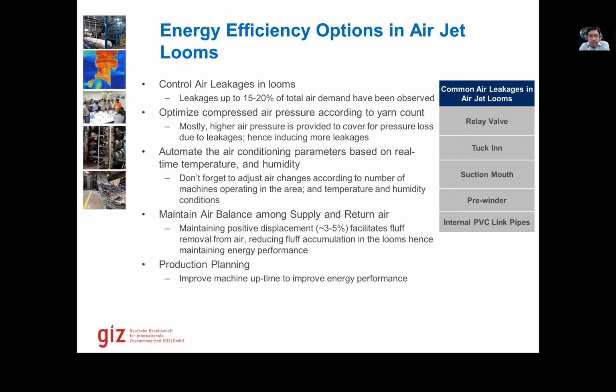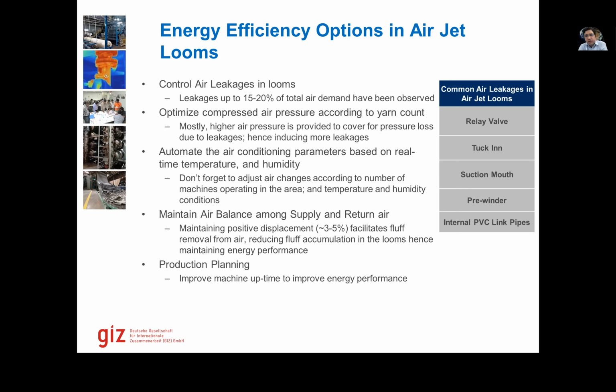Then optimizing the compressor pressure according to the yarn count. So mostly higher pressure is provided to cover for pressure losses due to leakages. And also, if we have high density fabric, we need more compressed air pressure. If we have low density fabric, or the yarn count is lower, we might need lower compressed air pressure.